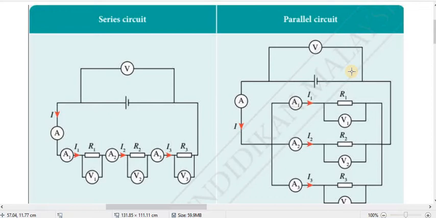So now here in physics, what we are going to learn is the reason. Why is it that the way that we calculate the current is this way, why the voltage is this way, why the resistance is in such a way.